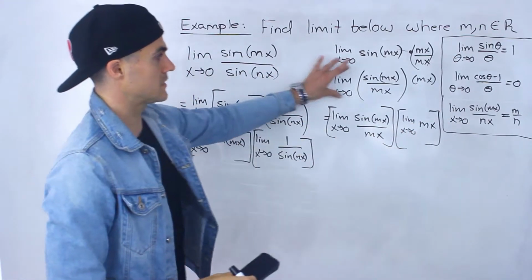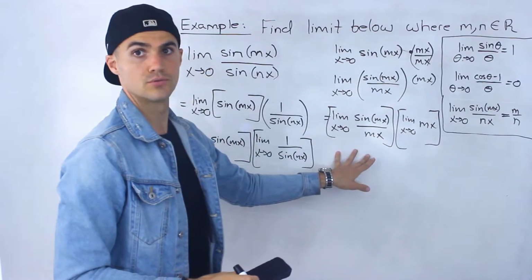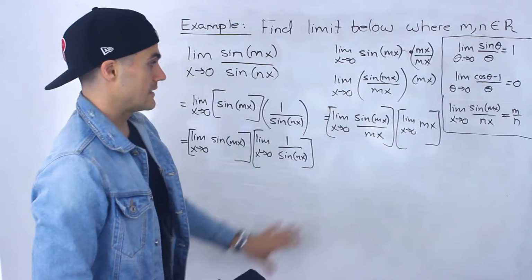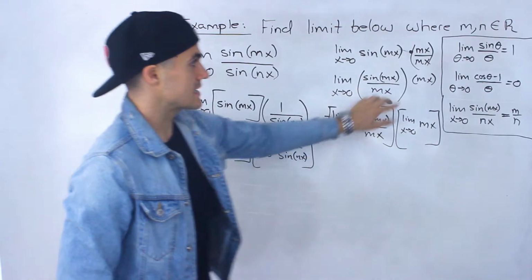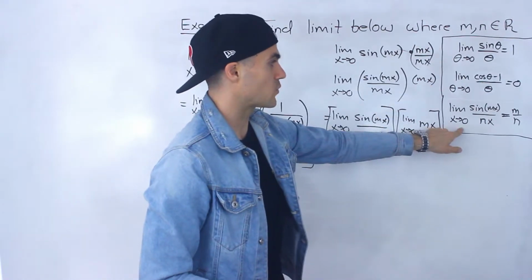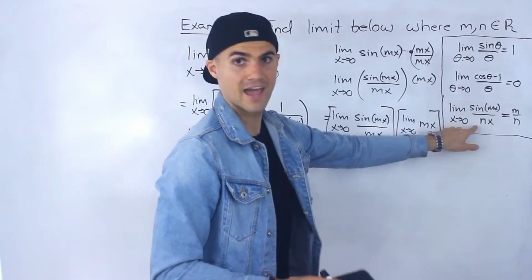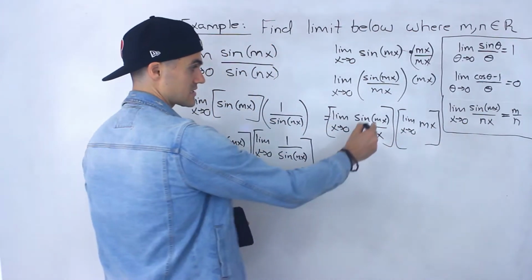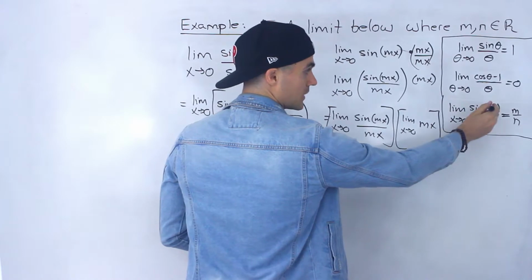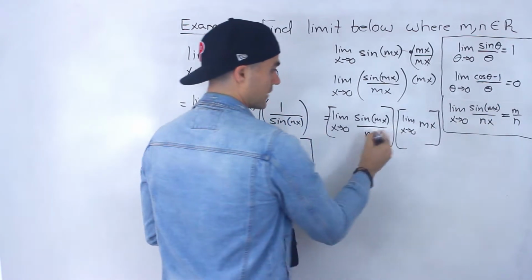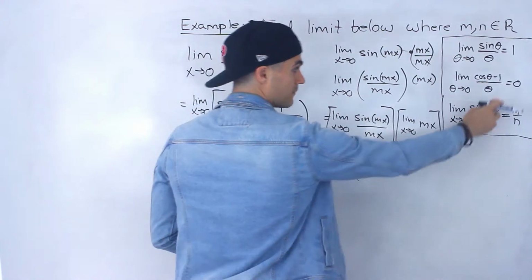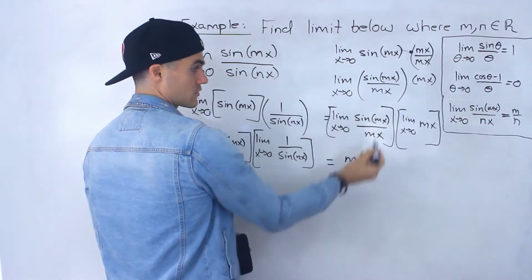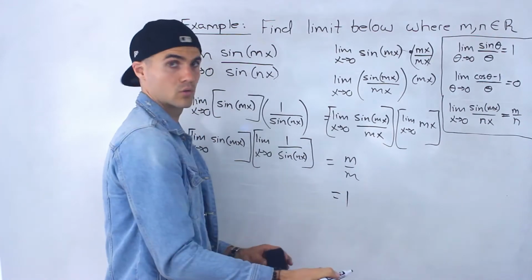I took this limit and split it up into two separate limits. Now notice this is in this format, where this m and this n are just equal. Instead of this n, we have another m. It's just going to end up equaling m over m, this constant over this constant, which is just going to equal 1.